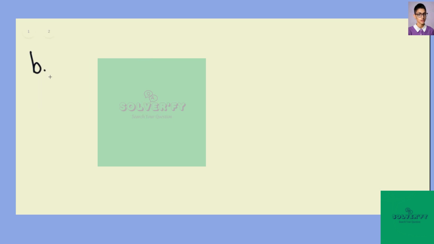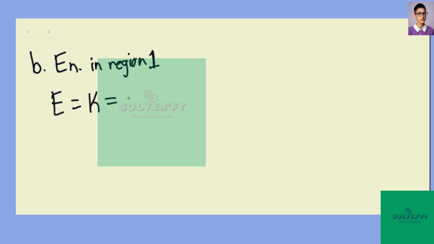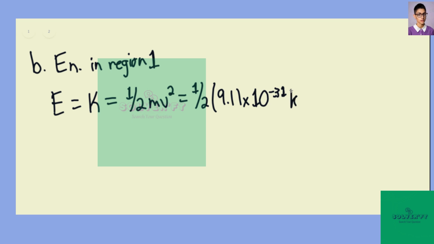For part B, the energy of the electron in region 1, we can say energy in region 1. So the energy in region 1 would be equal to the kinetic energy in region 1, and this would simply be equal to 1/2 mv squared. This is going to be equal to 1/2 times the mass of the electron, 9.11 times 10 to the negative 31st kilograms, multiplied by the velocity of 1.60 times 10 to the 7th meters per second quantity squared.